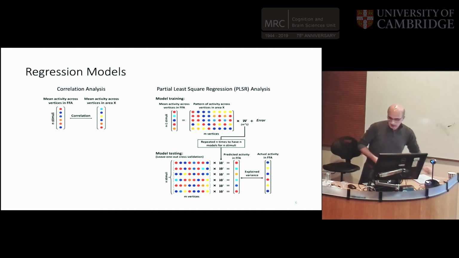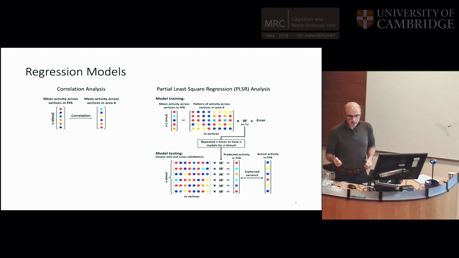So in the regression analysis, we have a training phase and a testing phase, of course. In the training phase, you take 59 stimuli.